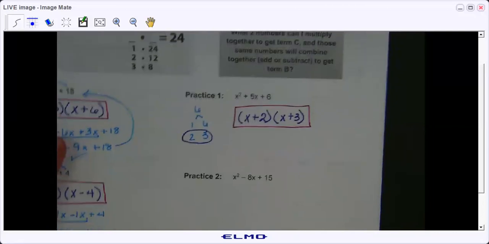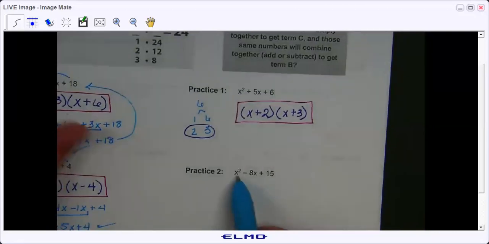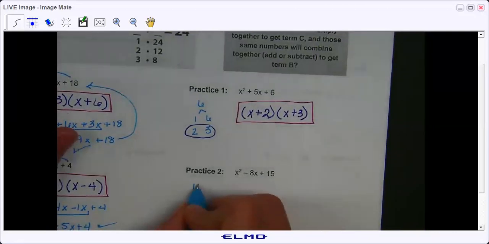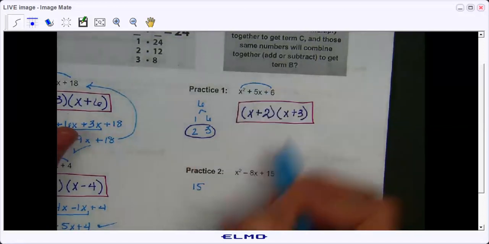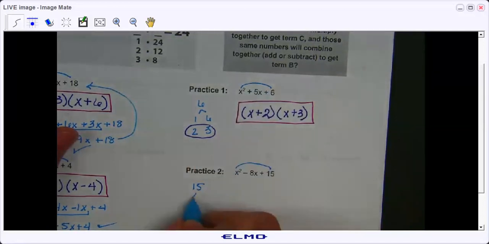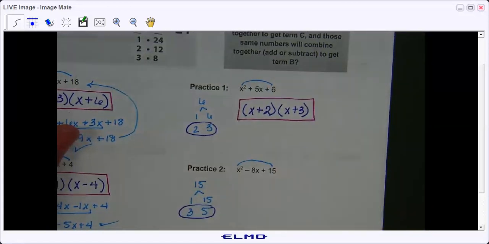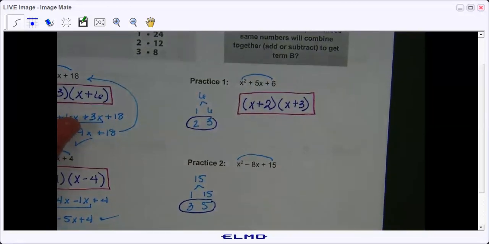Okay, for practice 2, we're going to find factors of 15. So 1 times 15. I already can tell that's not going to be it. And I have 3 and 5. Now that makes sense because 3 and 5 will give me an 8. But this is a -8, and the product here is positive.